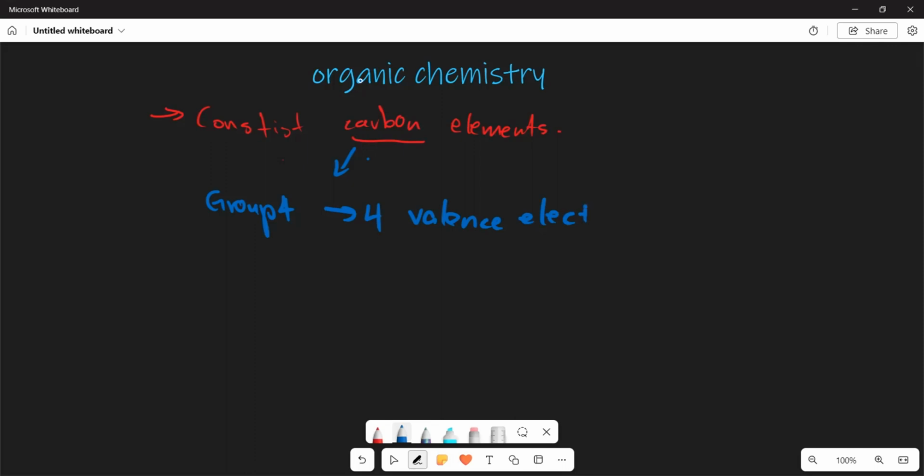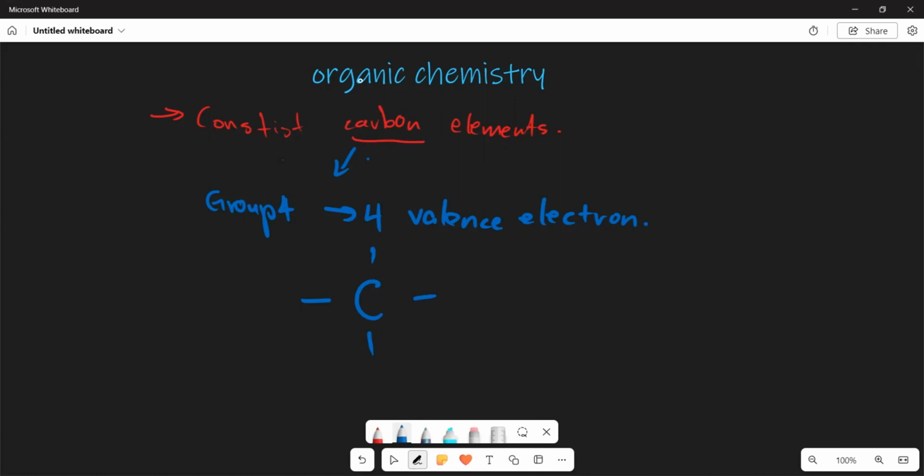It can take up to 4 things, so if this is your carbon, it can bond with a maximum of 4 valence electrons. That's the first thing we need to take note of about carbon.